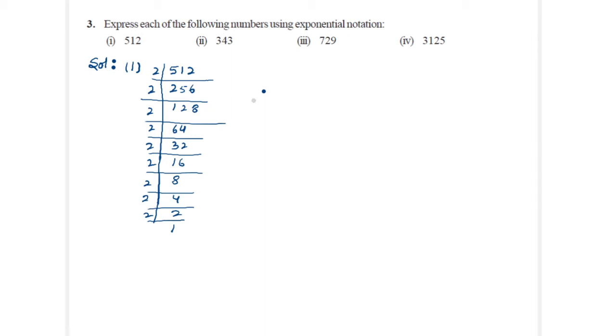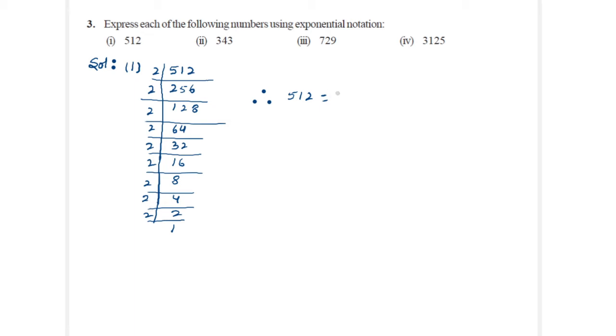Therefore 512 can be written as, see how many times 2 is there. 1 2 3 4 5 6 7 8 9.